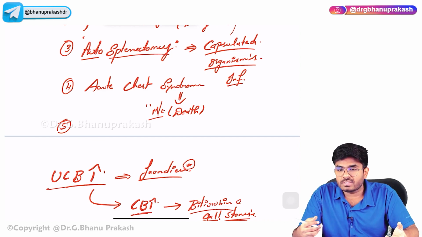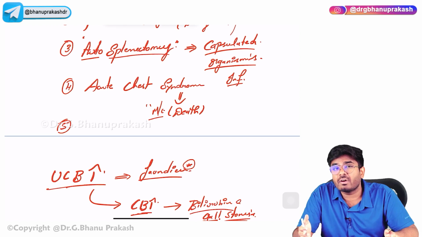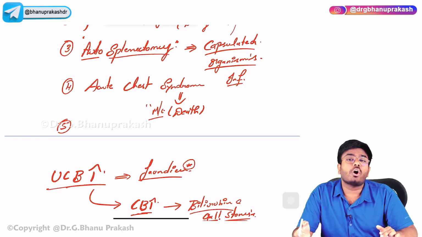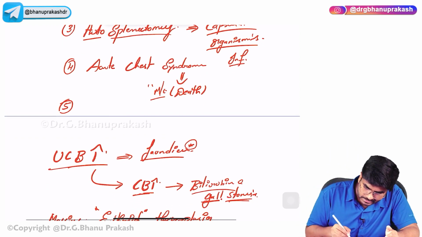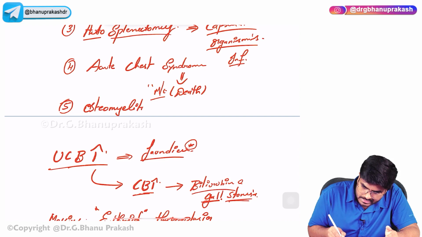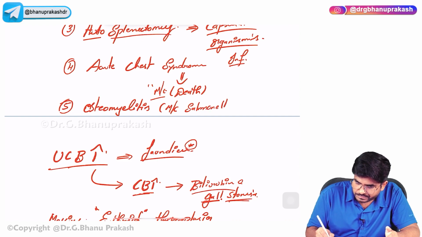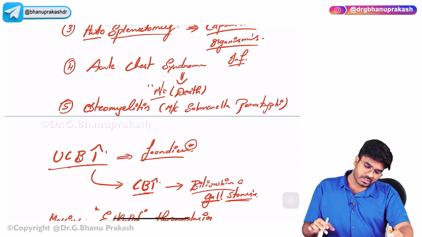Because of the vaso-occlusion within the bone, that will cause osteomyelitis. The most common organism is Salmonella paratyphi.